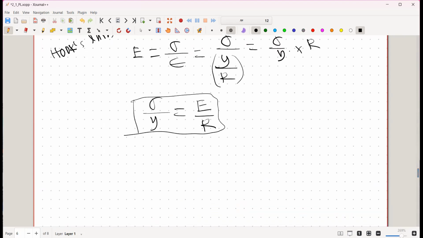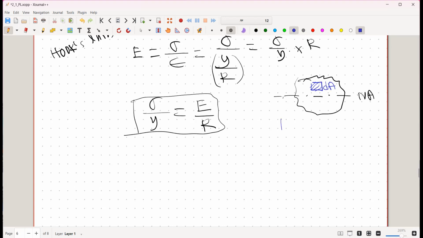The other part is the moment part. If I draw a cross section of a beam like this, and the neutral axis is the dot and dash line, let us consider a little portion of this section and call the area dA.